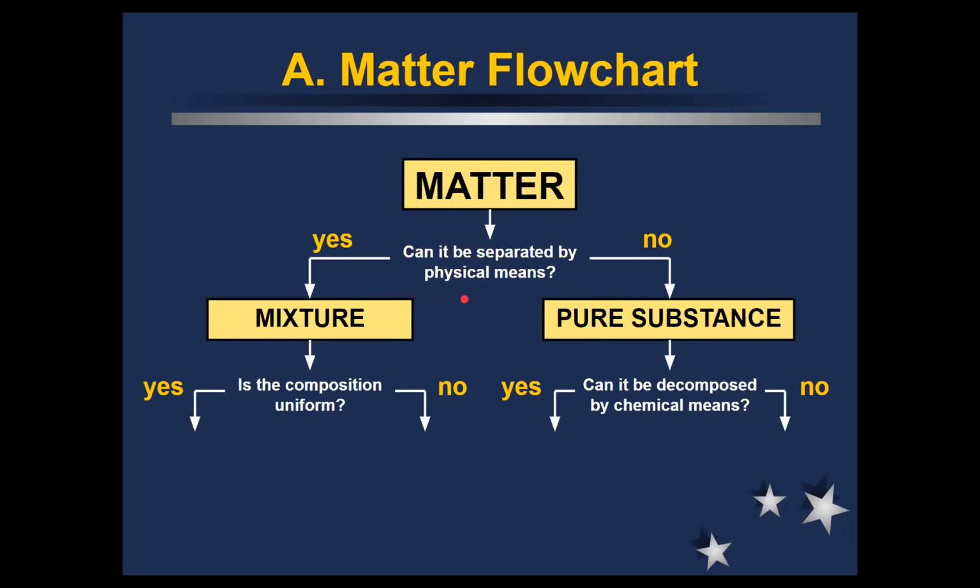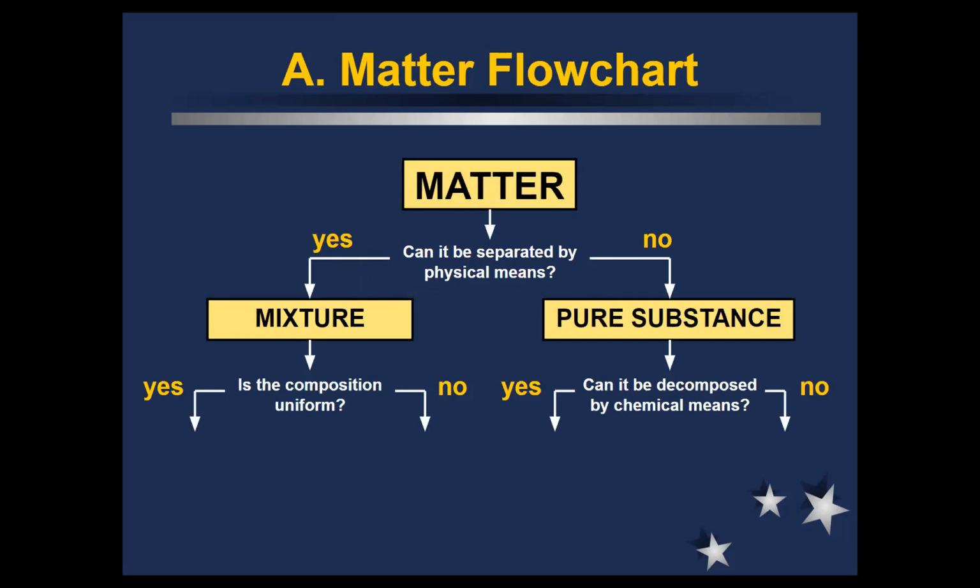And what we mean by physical is that you can use a strainer, or you can use a filter paper, like a coffee filter, or you can go in and pick it out on your own. So physical means just indicates that we have some way of easily separating the particles.